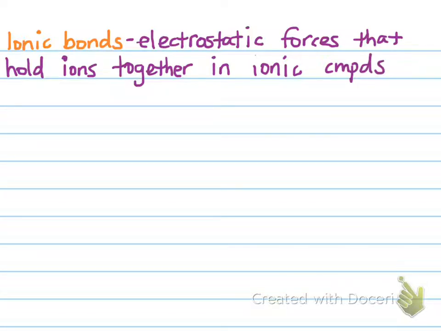Electrostatic: first off, the static part. Static means not moving, okay? And electro refers to an electrical attraction. So we're talking about an electrical attraction that occurs between things that aren't moving. That is what holds these ions together in ionic compounds.